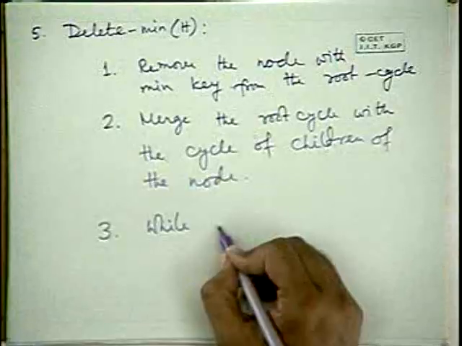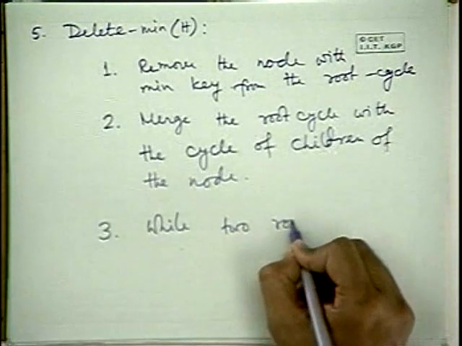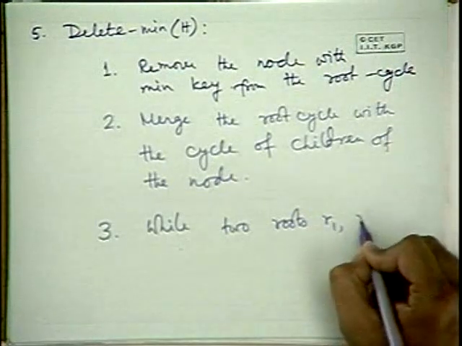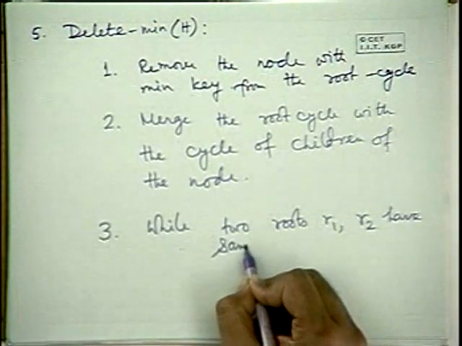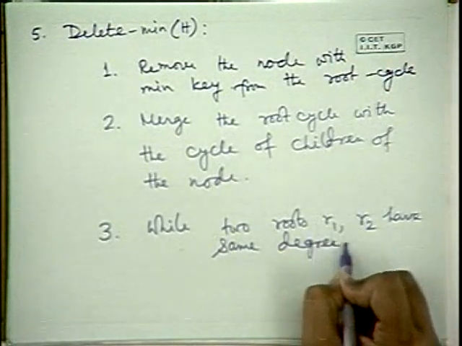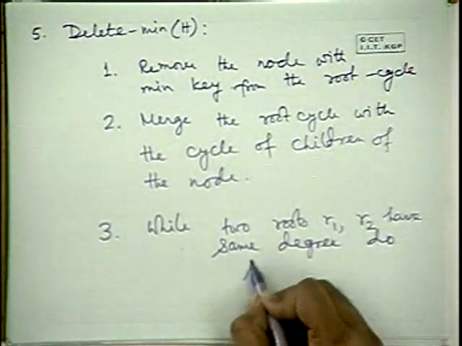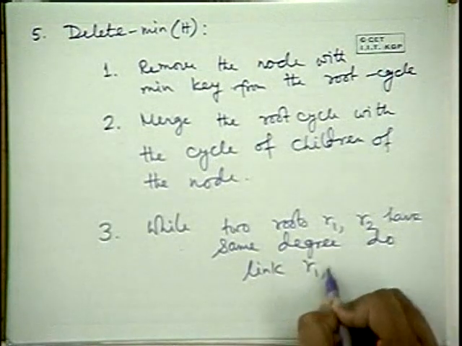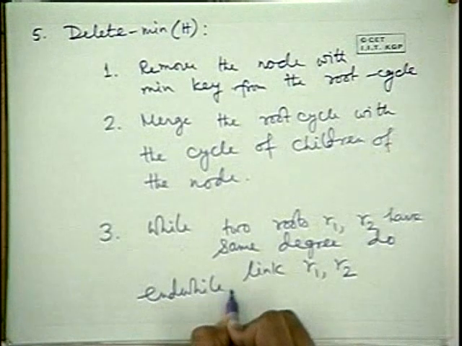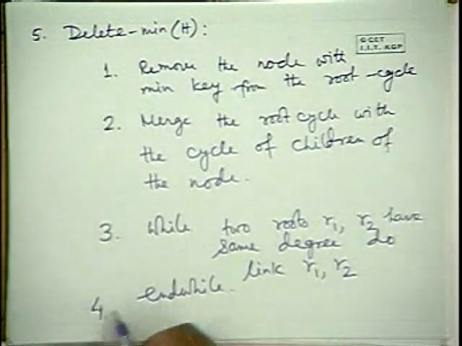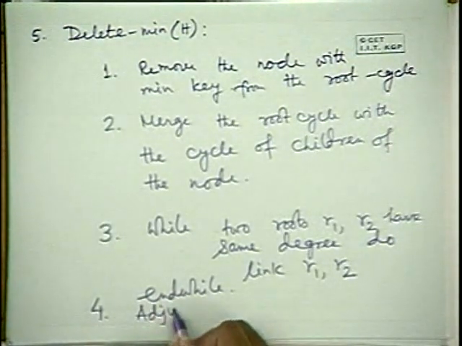We go on doing it until there are no two nodes with the same degree. So while two roots R1, R2 have same degree, do link R1, R2, end while. And the fourth one is adjust the minimum key.